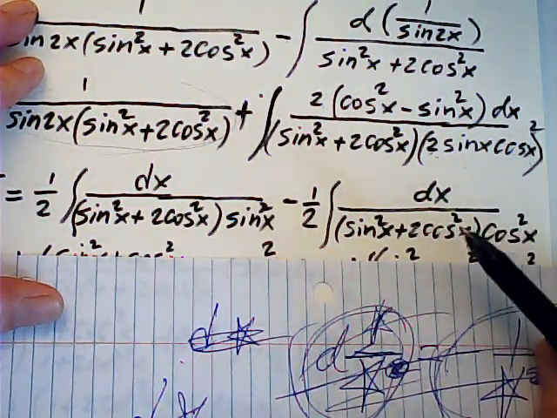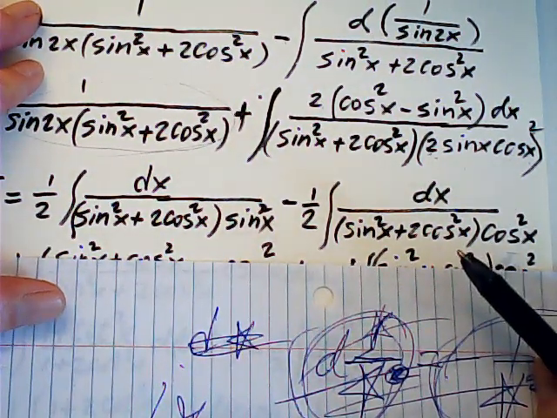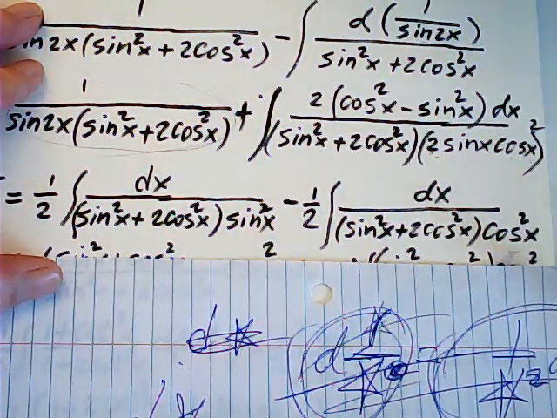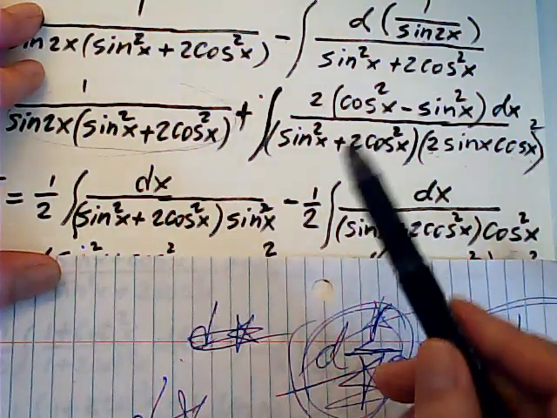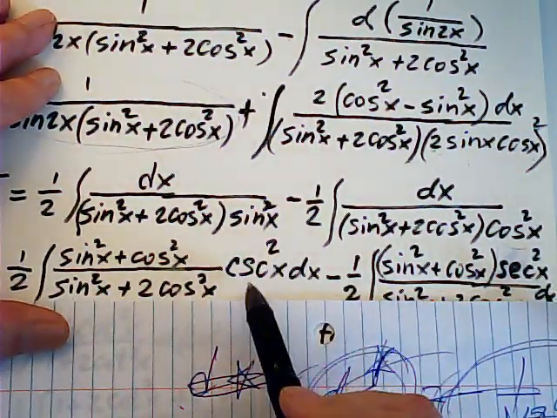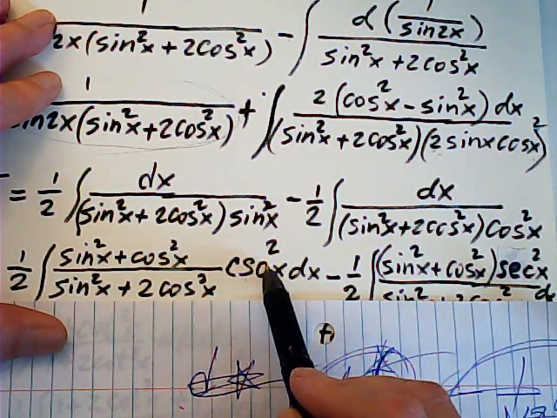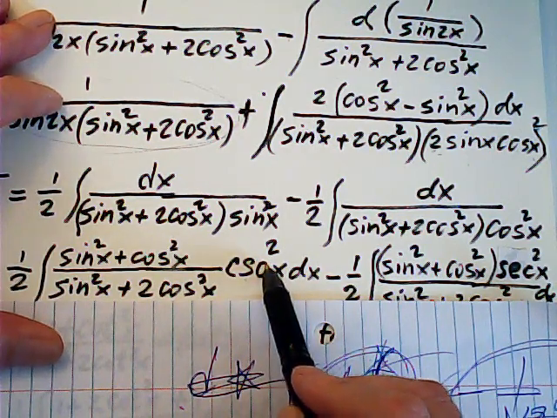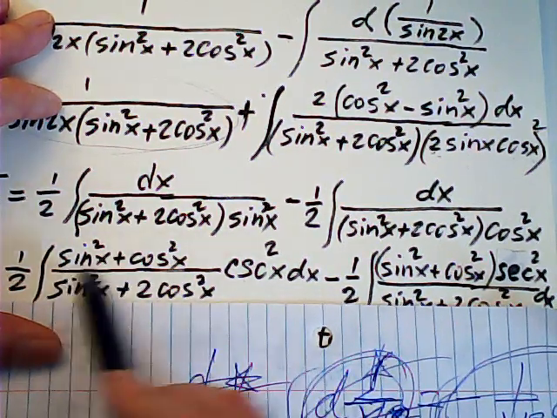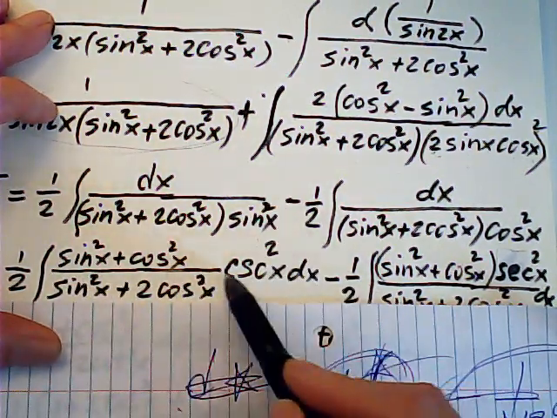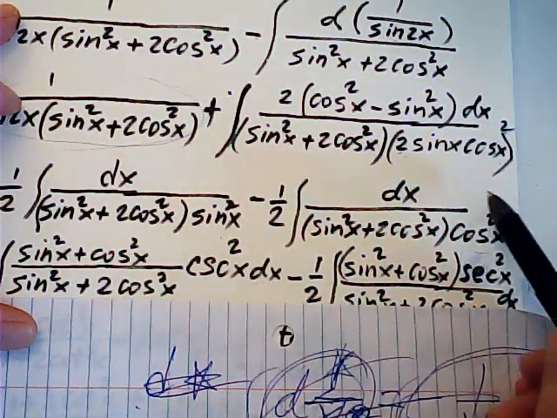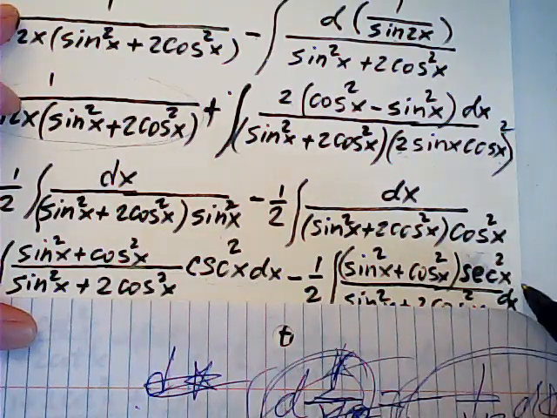Then, 1 over sine square is the cosecant square, right? 1, I write this, 1 becomes this. 1 over sine square becomes this. Similarly, that 1 is this, 1 over cosine square is secant square.